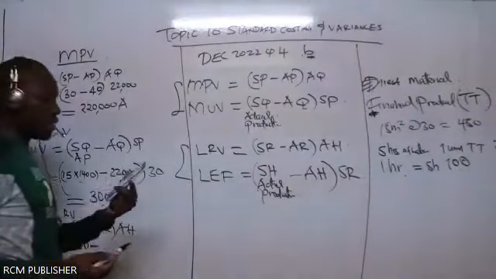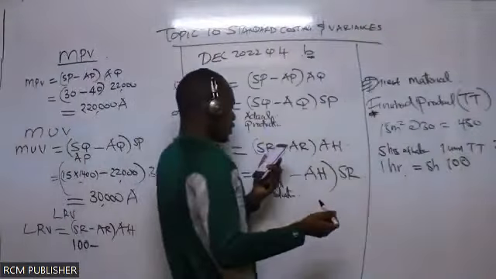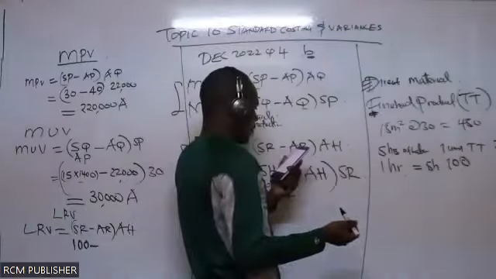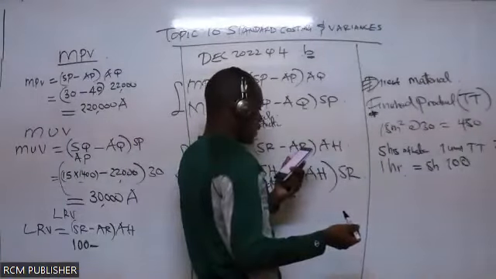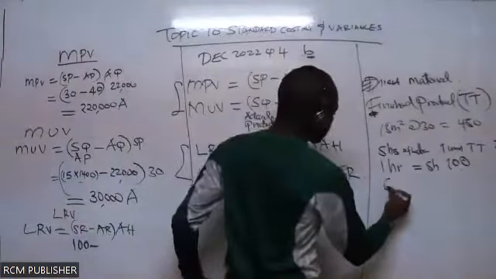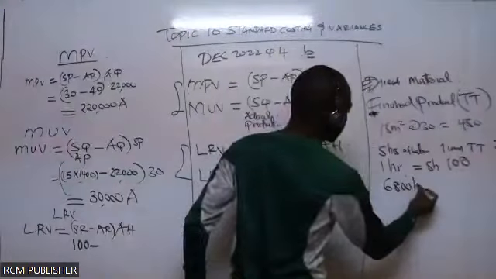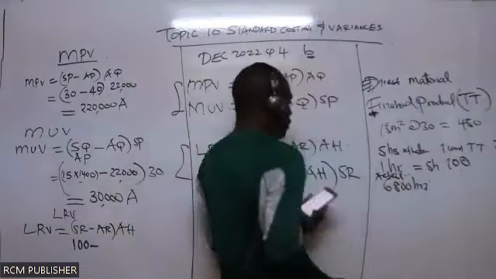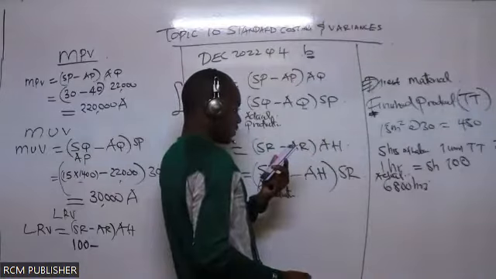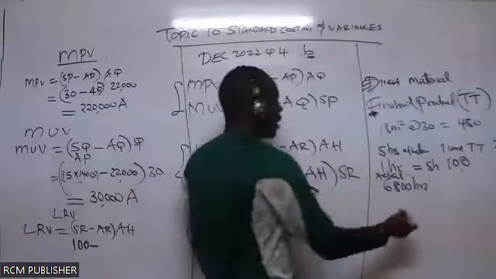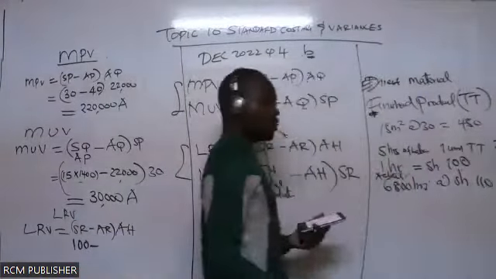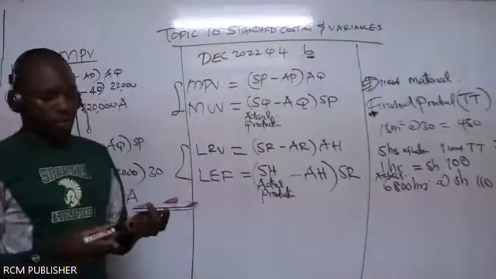So we want to look at the actual rate. What will the actual rate be? The actual rate, if I look at it very well, for direct wages we have 6,800 hours. That is the actual. But then, have we been given the rate? At shillings per hour, we are given 110 per hour.